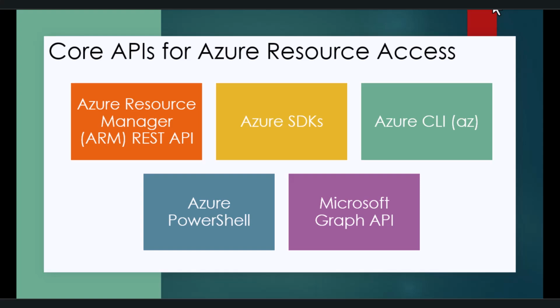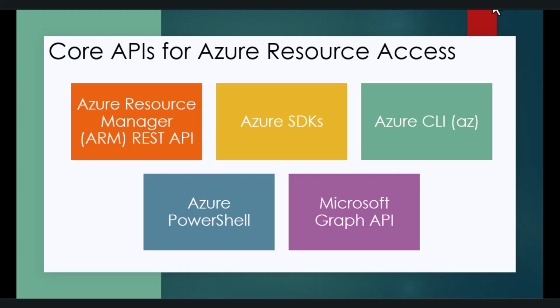It also has a command line interface, the Azure CLI. A very common tool, one that I used a lot, was Azure PowerShell. It's similar to Azure CLI, but it's tailored for PowerShell environments. It's also useful for Windows-based automation and scripting. After all, this is Microsoft Azure. And then, one of the newer methods is the Microsoft Graph API.